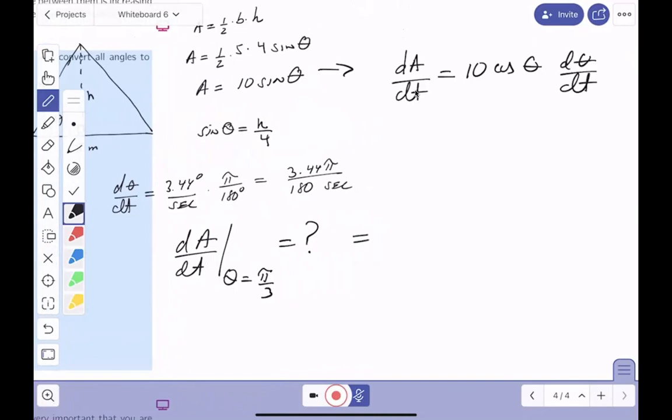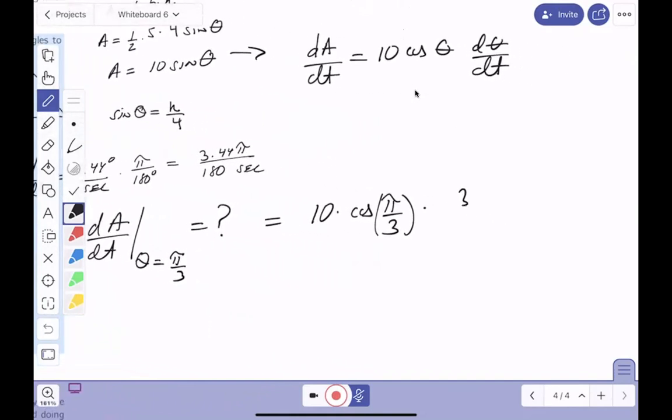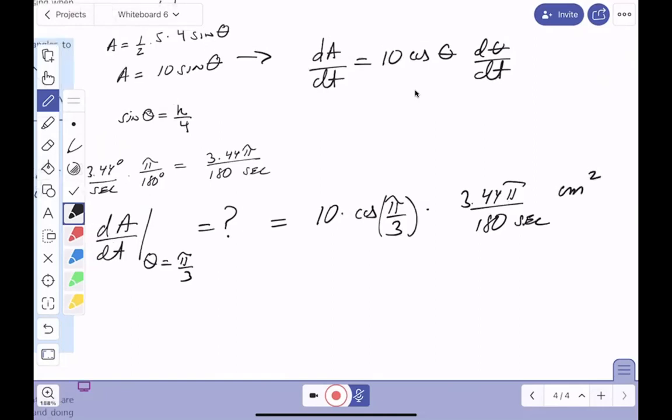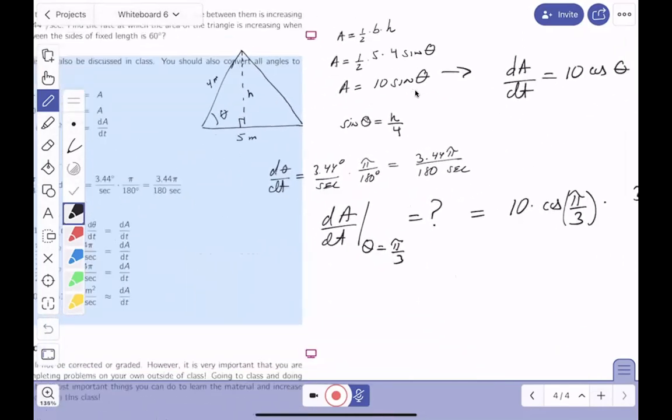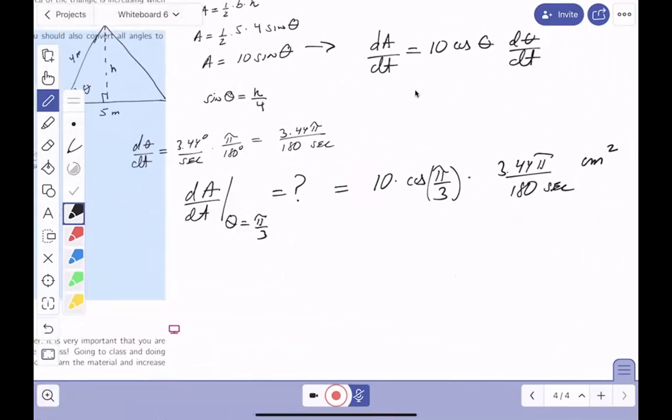So dA dt is 10 times cosine pi over 3, we'll do that later, times d theta dt, and what's that? 3.44 pi over 180 per second. And what's the unit on area? It's going to be centimeters squared. Let me make sure they did use centimeters. Oh, I'm sorry, meters. I got centimeters in my head. I'll erase that, and I'll put down meters squared.